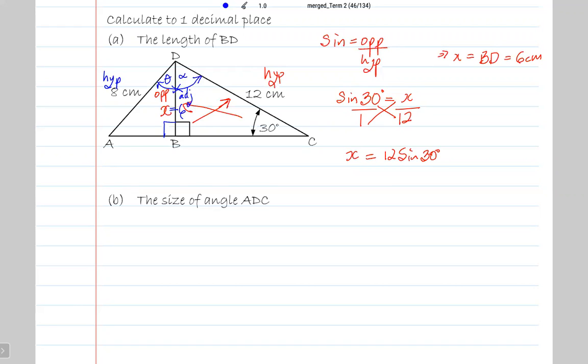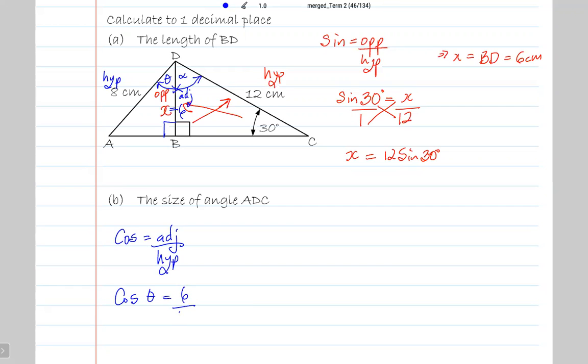Then I would ask myself, which ratio includes adjacent and hypotenuse? The answer to that is cosine. So I'm going to say cos is equal to adjacent over hypotenuse.